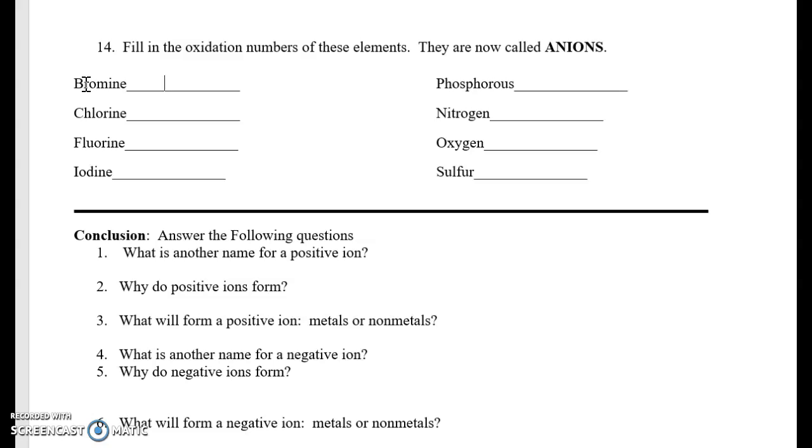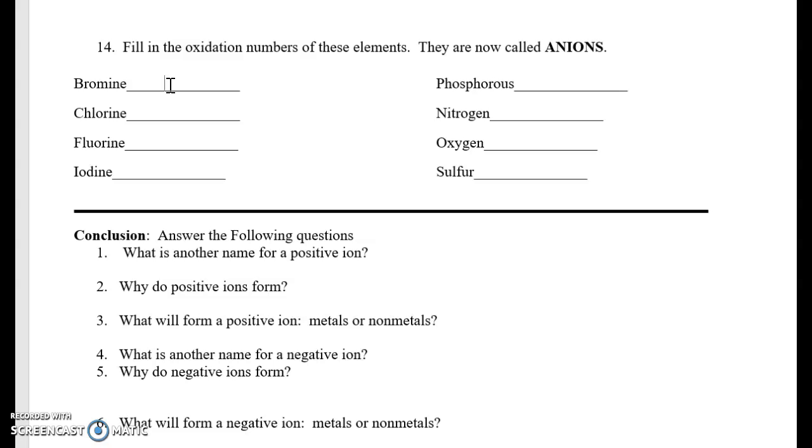Bromine is in group 7A, the halogens. So that means it has 7 valence electrons. So looking at it, would it be easier to gain an electron to get an 8 or lose 7 electrons? And obviously, it would be easier to gain an electron to get that full 8.